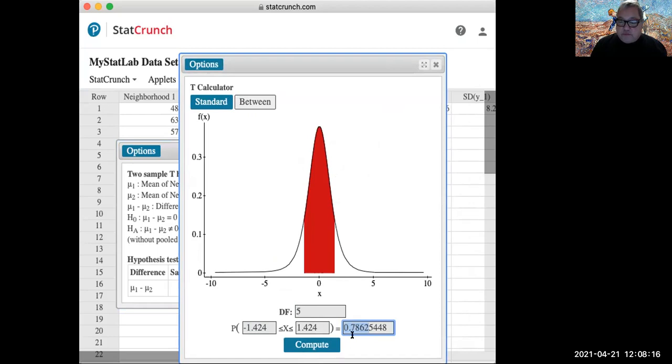In other words, 0.2138, the complement of 0.7862, which is whatever is left in these white areas. Those white areas would have a p-value of 0.2138.